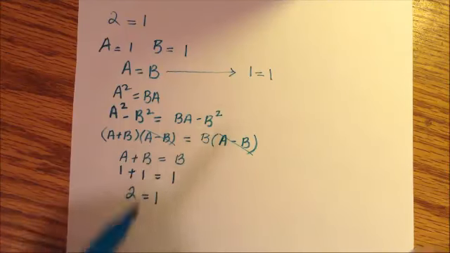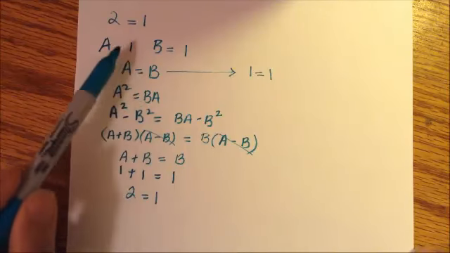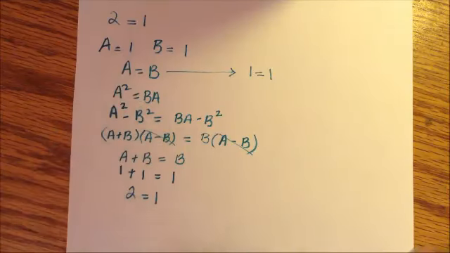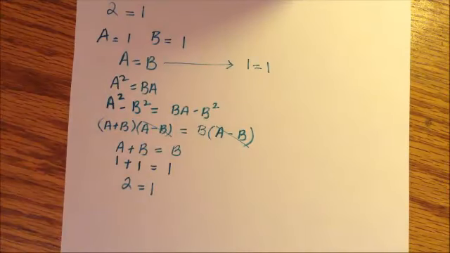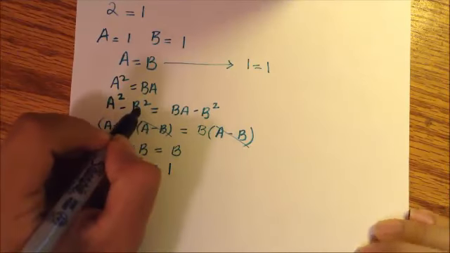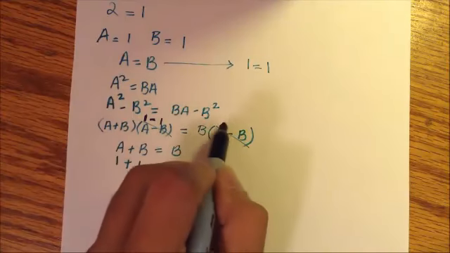Now this is something huge, because now we're going to subtract the 1. So we're going to have 1 minus 1. So this part is going to be 1 minus 1, as is this part.